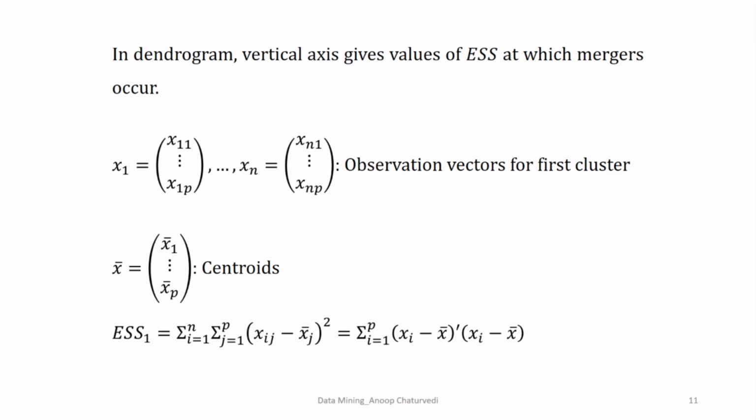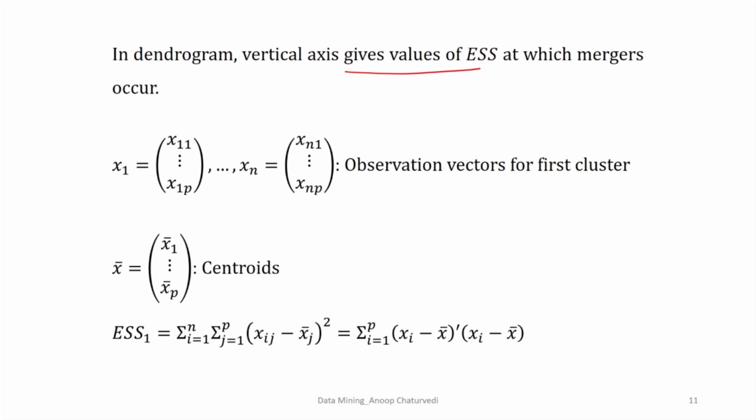Then, in the dendrogram, on the vertical axis we take ESS, and the vertical axis actually gives you the value of ESS at which mergers occur.